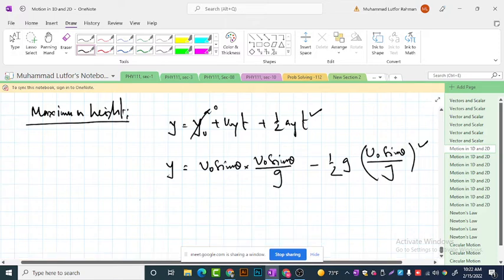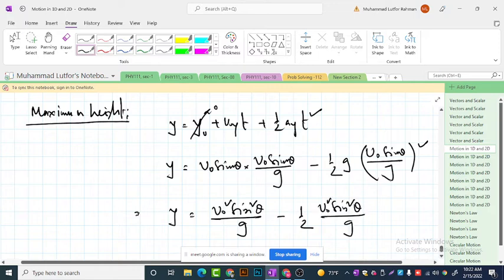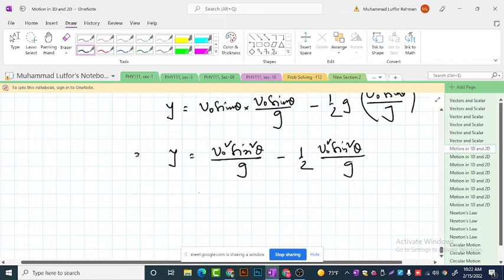Now, if you plug this in, this would be V naught square sin square theta divided by g minus half of V naught square sin square theta divided by g, because one g cancels out. Now, I can factor out this quantity, V naught square sin square theta divided by g, times 1 minus half.